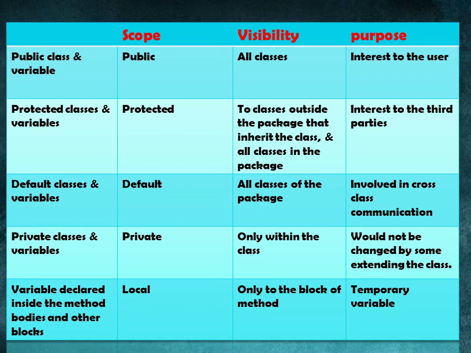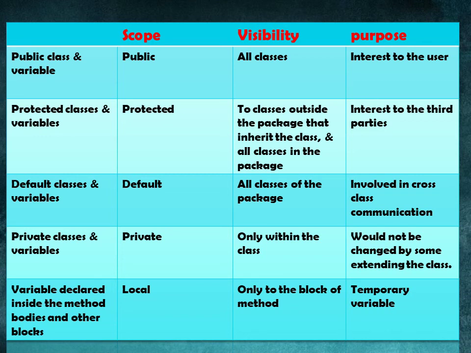If you have given a protected class and variable, they are visible to all classes in the package and to classes outside the package that inherit the class. So for inheritance purposes we can give protected.